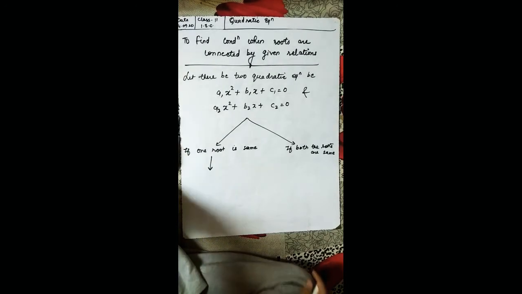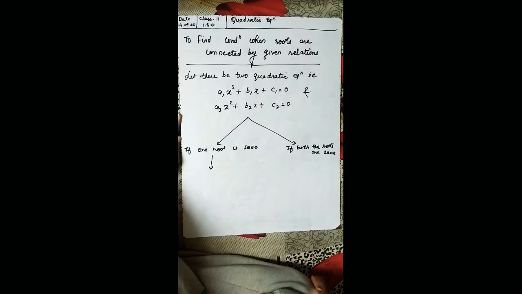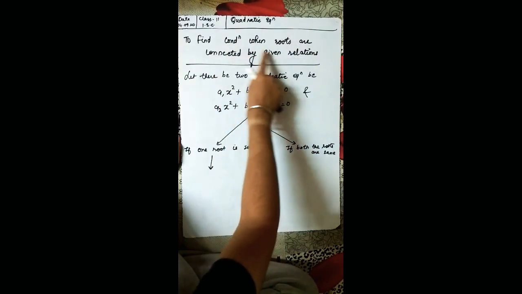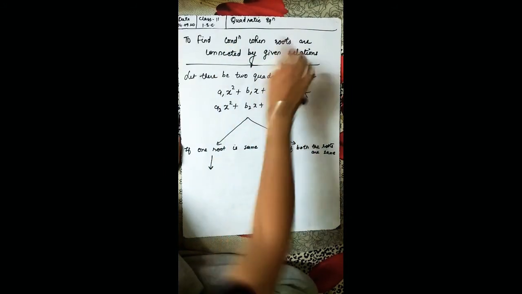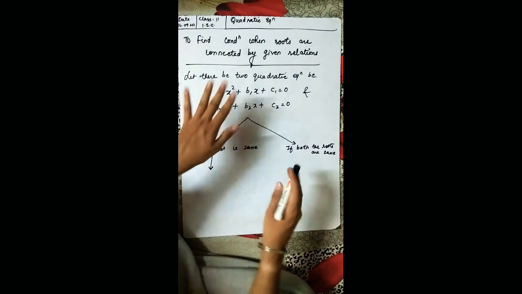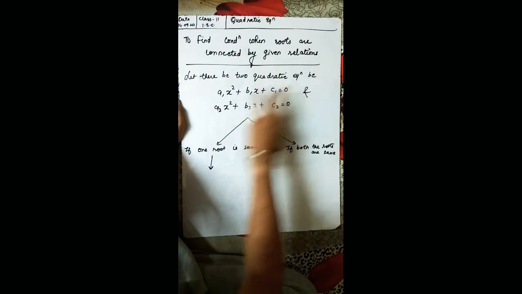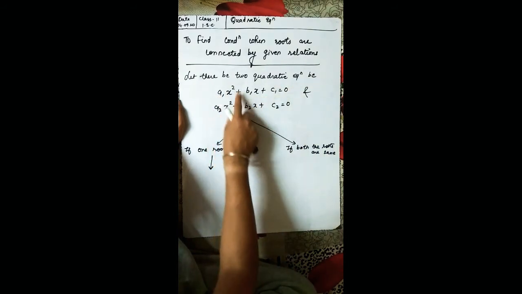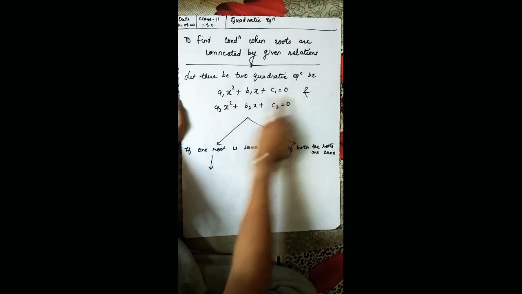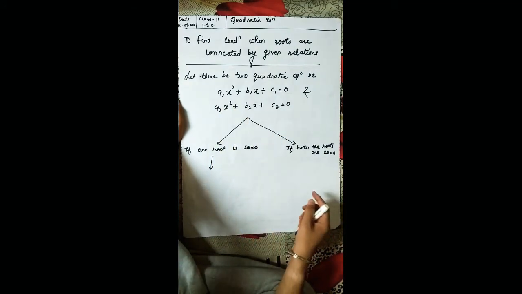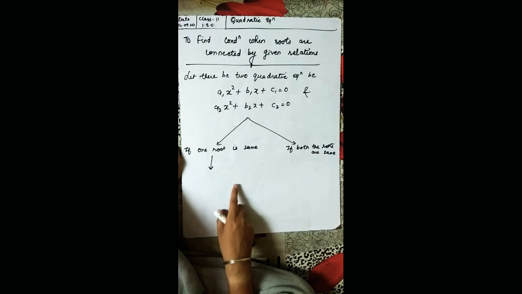This is the last topic which we are going to see. It says to find the condition when roots are connected by given relations. For example, let there be two quadratic equations, a1x square plus b1x plus c1 equal to 0 and a2x square plus b2x plus c2 equal to 0. So two conditions arise.